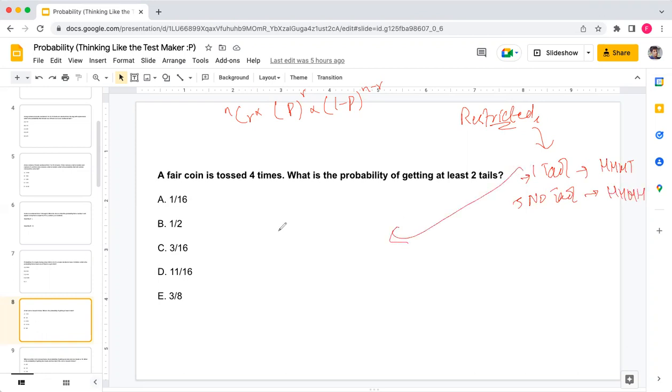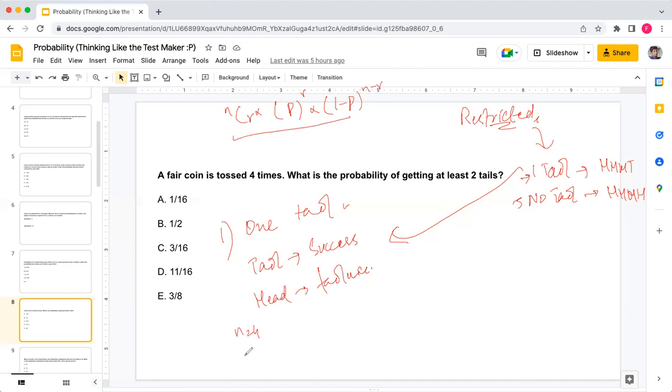Now see the first scenario, which is 1 tail. If I consider tail as our success case, and the head is our failure case, then by using this formula, what will be n? n will be equal to 4. What will be r?